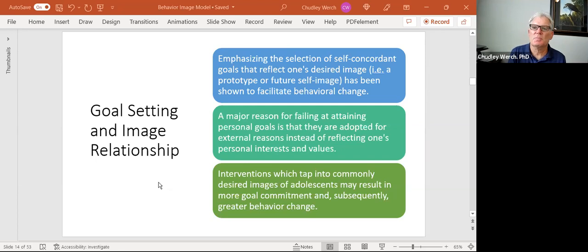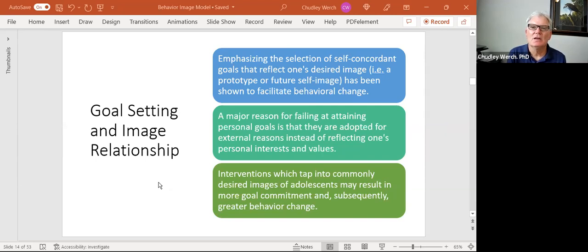So this is where that first box right on the top comes in. Self-image is so important. If you ask somebody to think about their self-images, self-concordant goals means that their goals are linked to their desired images, either prototypes or future. And if you can have a young person think about their desired images of themselves in relation to desired others or future, then that will identify those images as values, and that's the basis for goal setting.